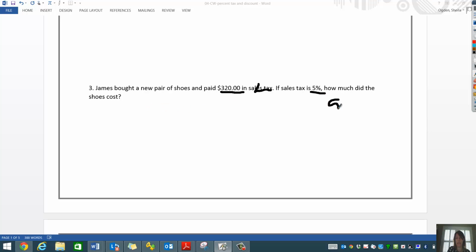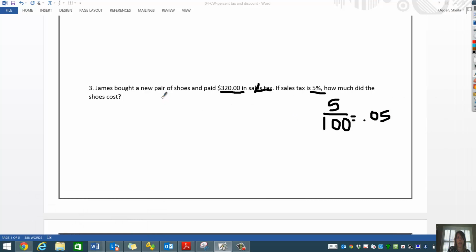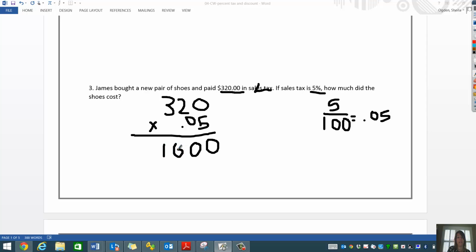Again, 5% is 5 out of 100. So percent means 5 hundredths, as a decimal is going to be 0.05. So I'm going to do 320 times my 5%. When I do this, 5 times 0 is 0, 5 times 2 is 10, carry the 1, 3 times 5 is 15, plus the carried 1 is 16.